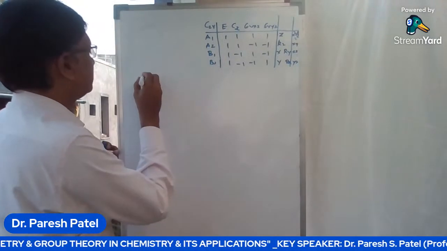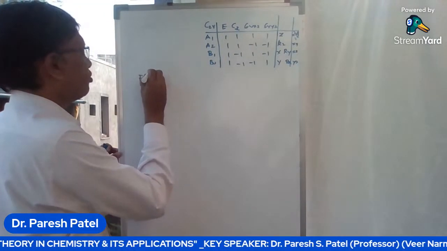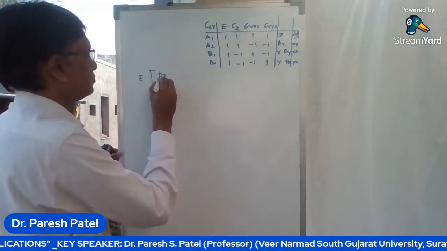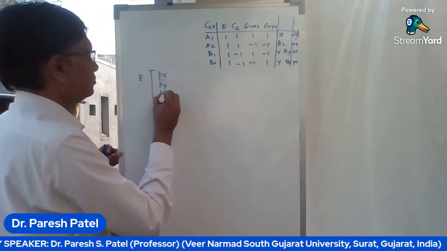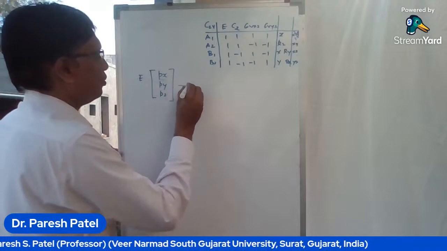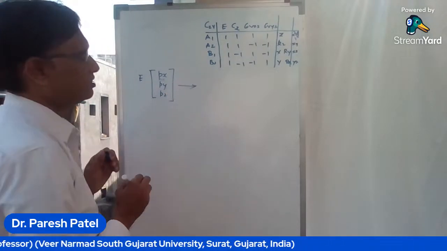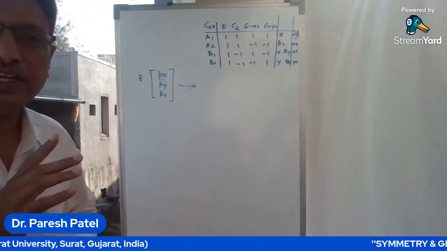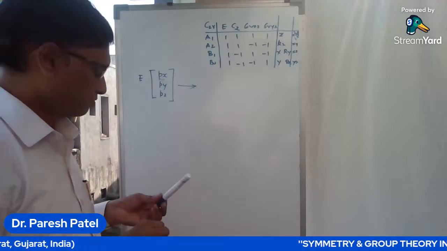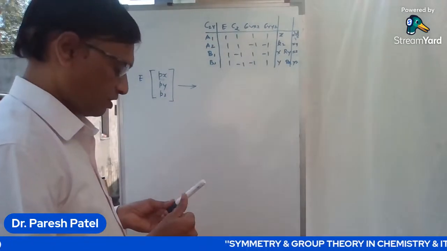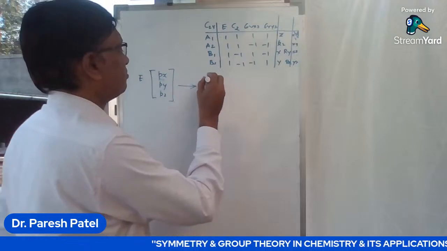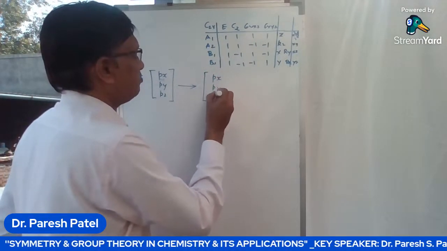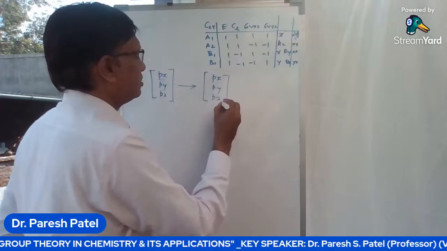If we operate the identity symmetry operation on the p orbitals, then what will happen? We know that if we operate any symmetry operation on the molecule, the molecule remains as it is, so there is no change in px, py, and pz.